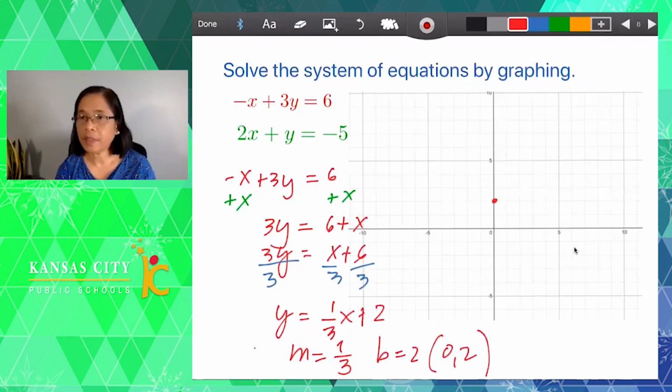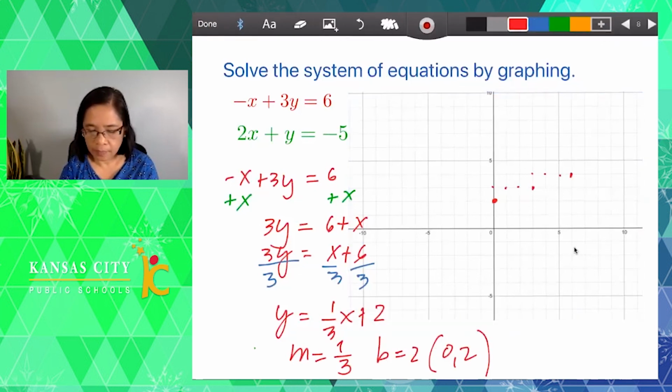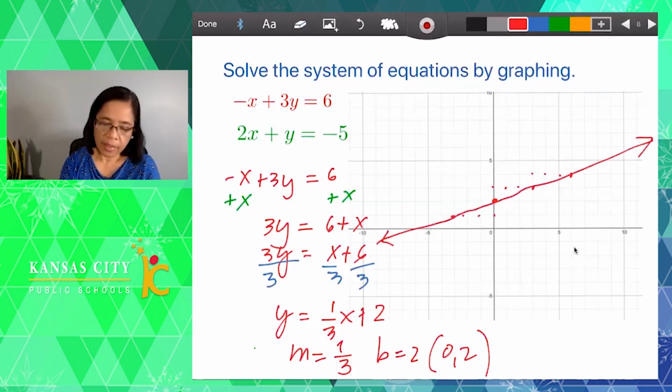Let's interpret the slope of this line, 1/3: move 1 up, 3 to the right. We can also move to the left, 1, 2, 3. Let's connect these points, and this will be the red line, -x plus 3y equals 6.